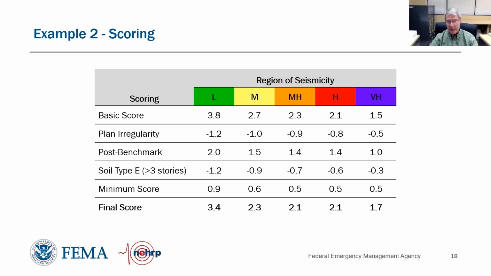So I always like to look at it this way: if I take this vulnerability out for the soil type of minus 0.3, what does my score become for the building? 2.0. I'm essentially there for very high seismicity. That's kind of how I look at the scoring with the 154.